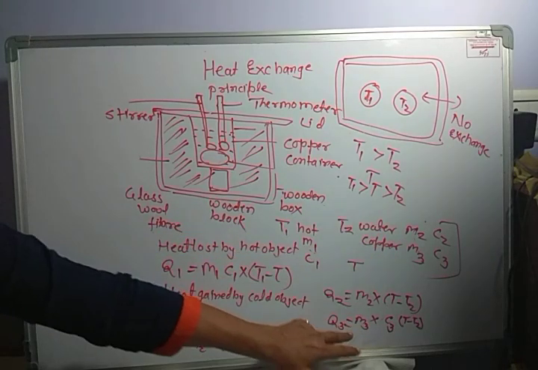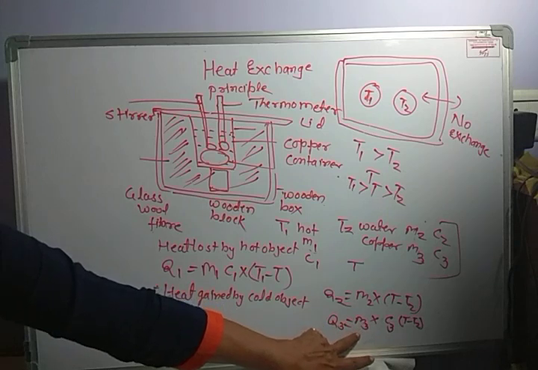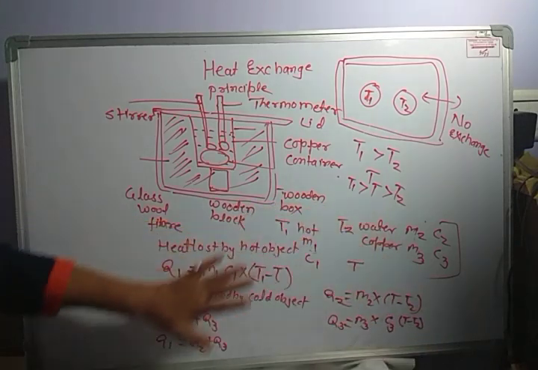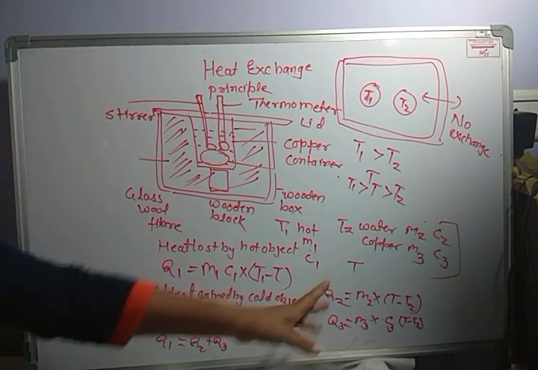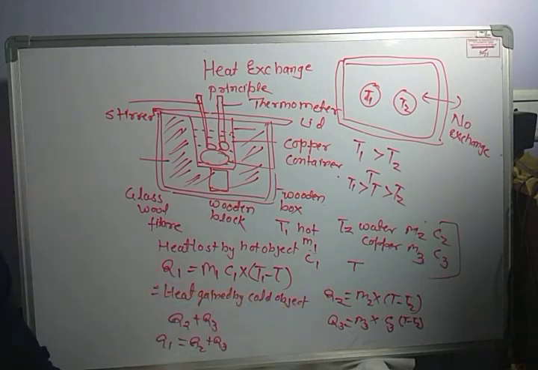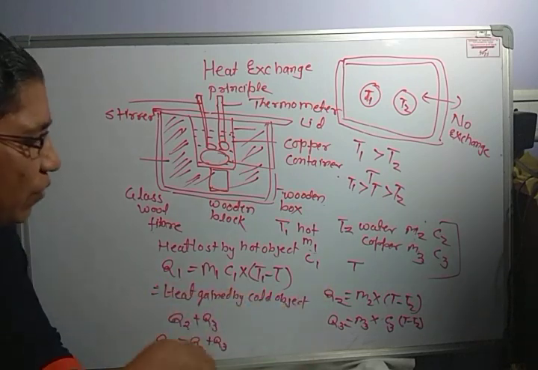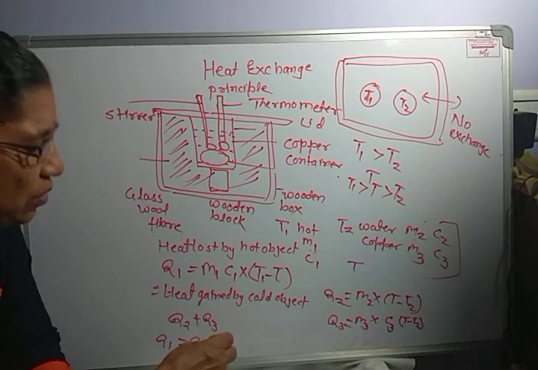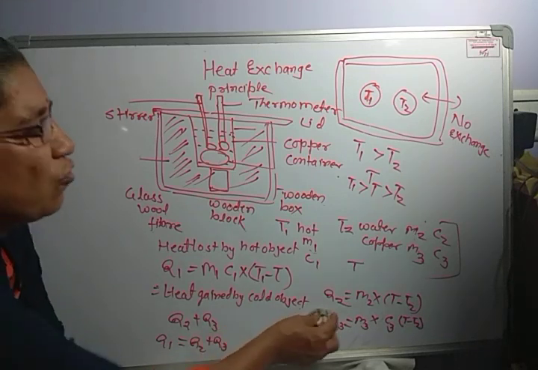All the remaining quantities, even the mass of the calorimeter, can be measured. Therefore we can find the specific heat capacity of copper.